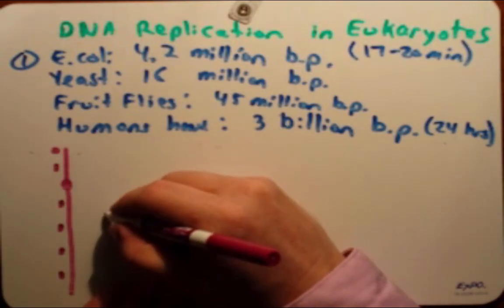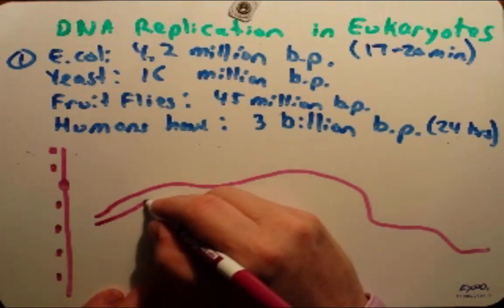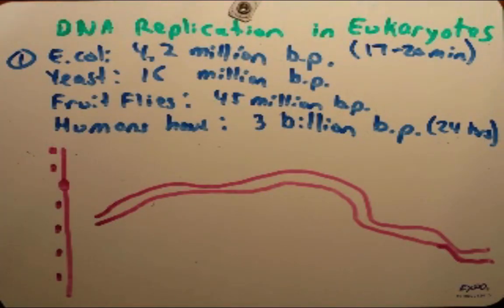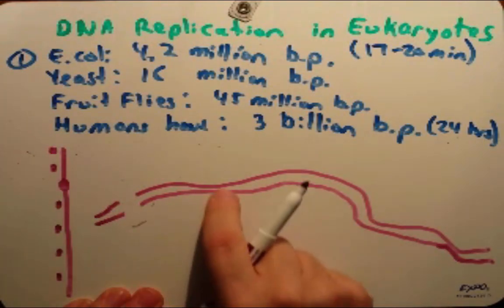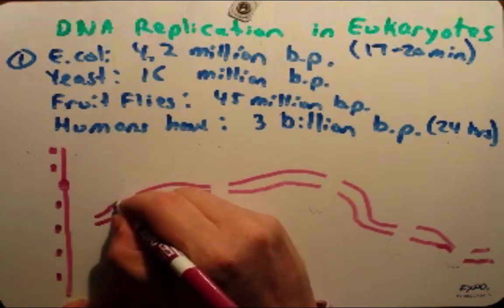In fact, if we were to draw this out, let's just draw a really long piece of chromatin here. At the exact same time, we may have a replication bubble here, here, here, and here.